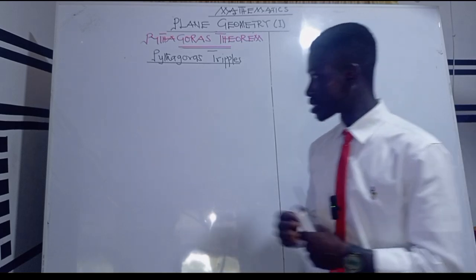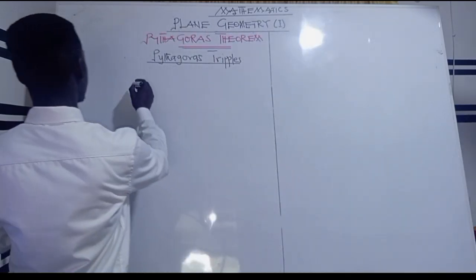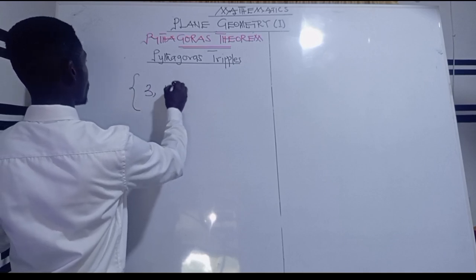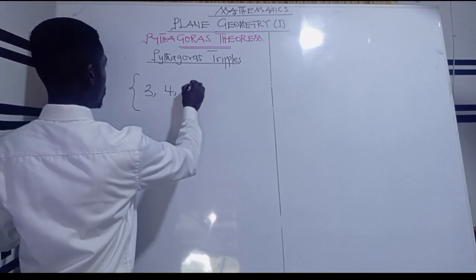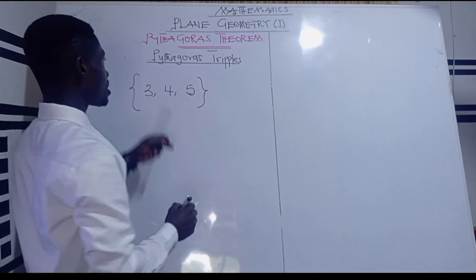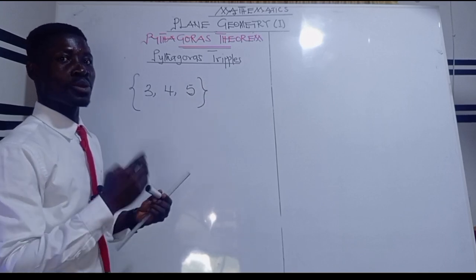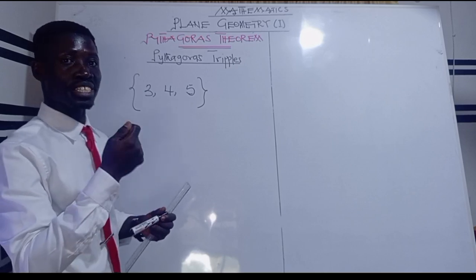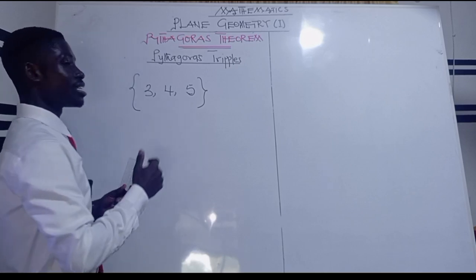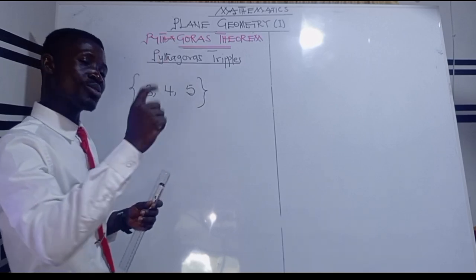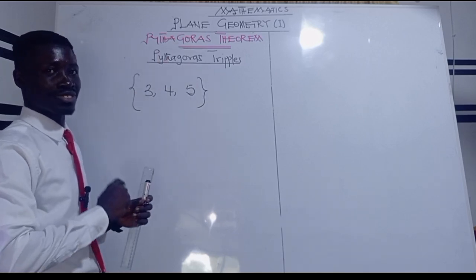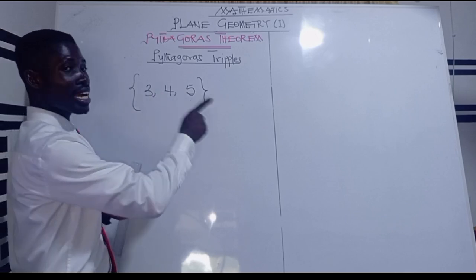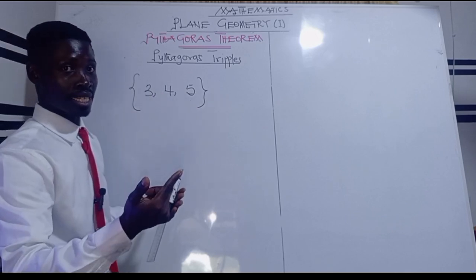So an example is 3, 4, 5. This is a Pythagoras triple because it obeys the Pythagorean theorem. Now the Pythagoras theorem says that the square on the hypotenuse is equal to the sum of squares on the other 2 sides.